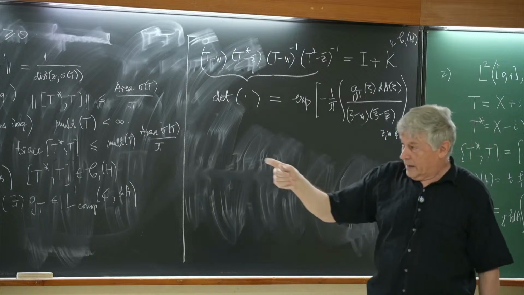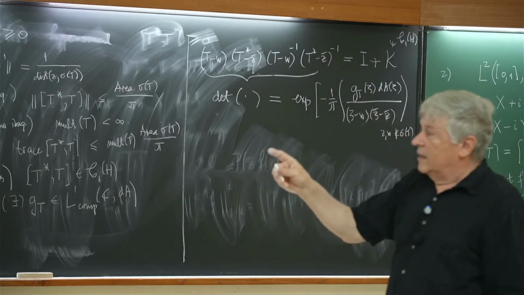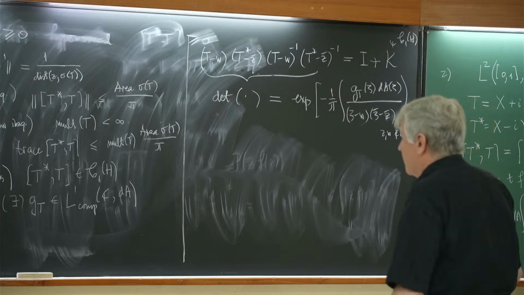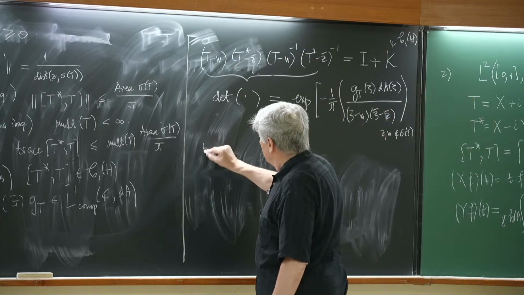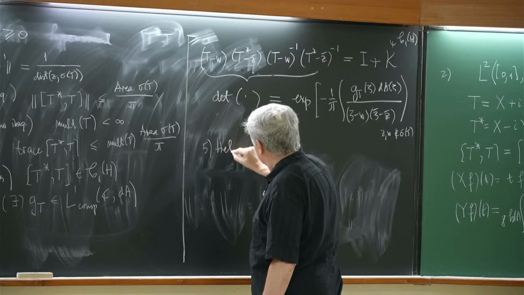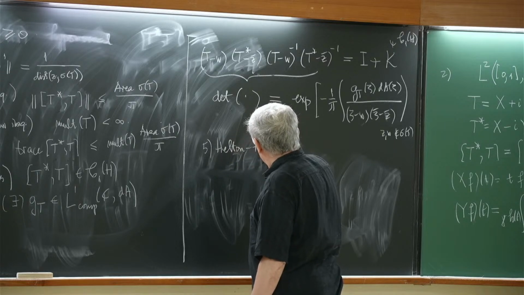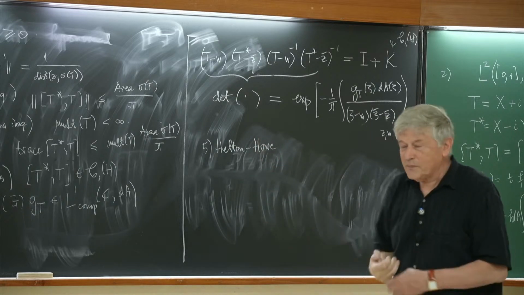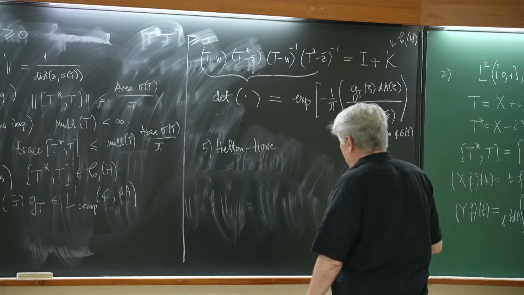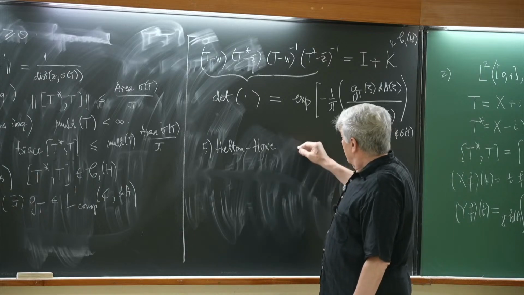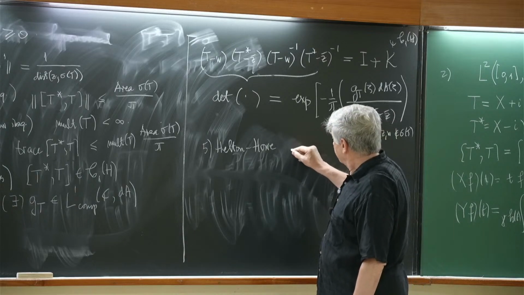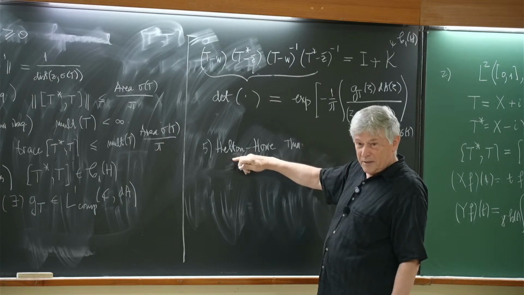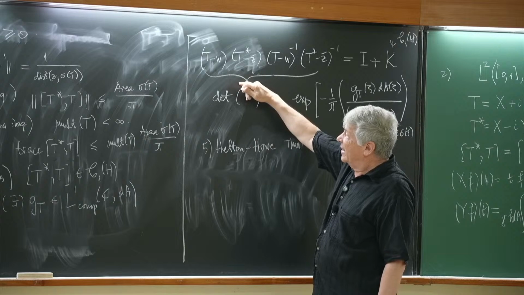Well, there is also an analog of the Lifshitz-Krein formula, and this is due to Helton and Howe, Roger Howe, which you know, which says the following. This was early 70s, this was late 60s.